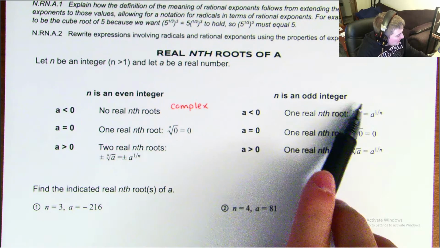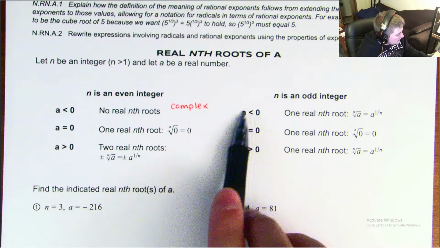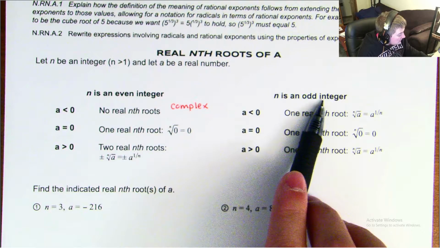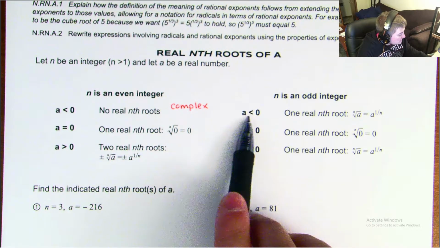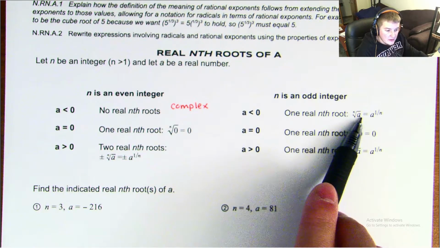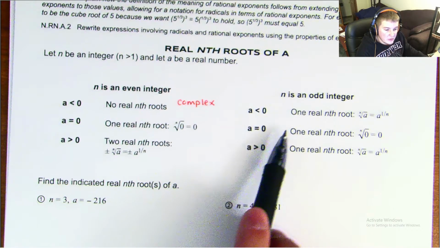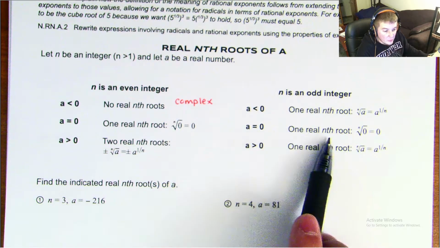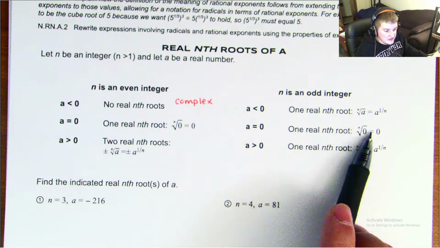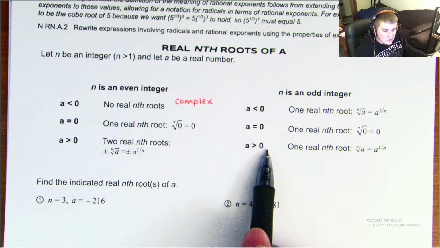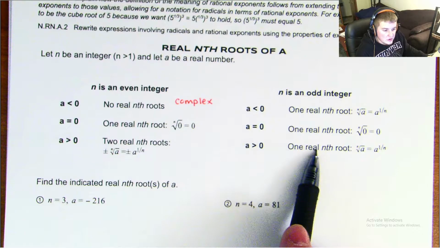But when your n value is odd and your a value is less than 0, meaning it's negative, you're going to have one real root. When a is 0, you have one real root again, and it's 0. And when a is greater than 0, meaning positive, you have one real root again.